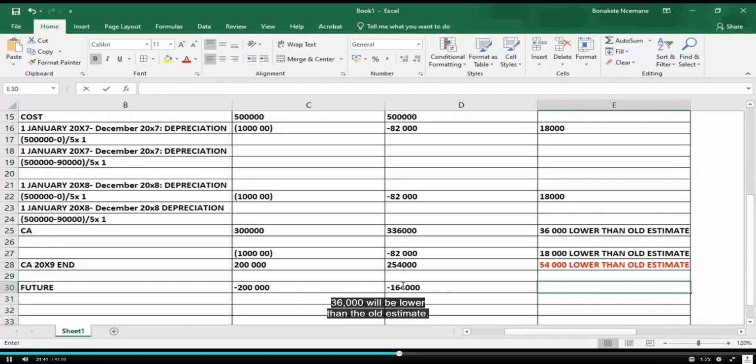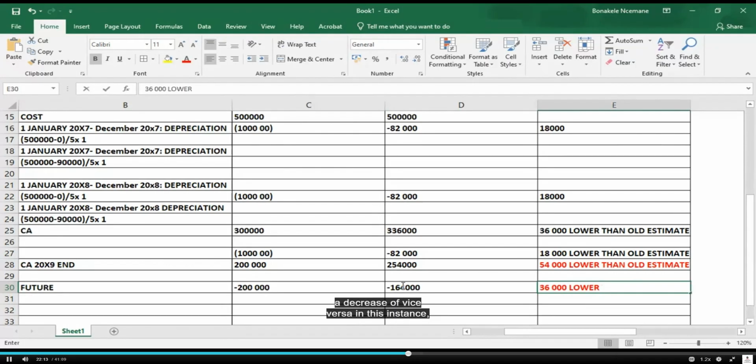36,000 will still, just like the current year's effect of 54,000, be lower than the old estimate. Because if you notice the change here in estimate, unlike the other changes in estimate that we dealt with, where there was a change in estimation of depreciation, you would have, for example, the current effect resulting in an increase in profit, and the future effect resulting in a decrease, or vice versa.